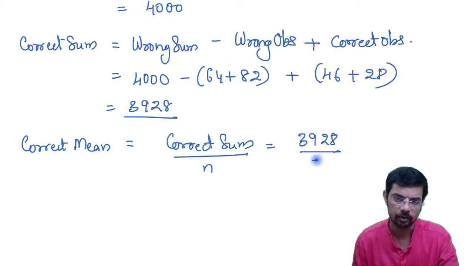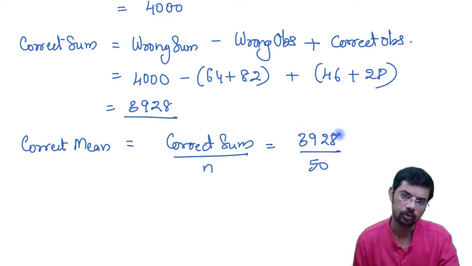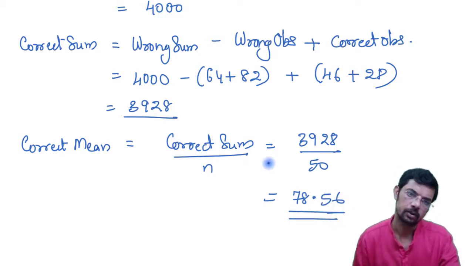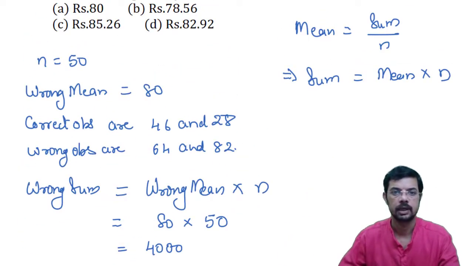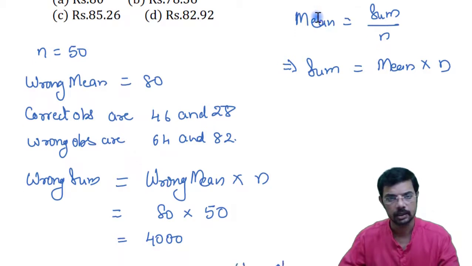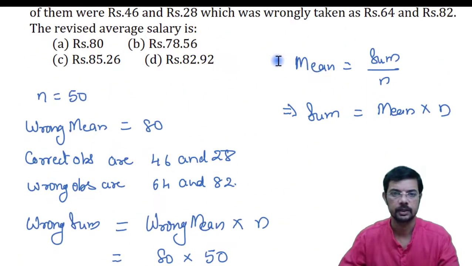What is n? N is equal to 50. So 3928 divided by 50 will give you 78.56. So the correct average salary, or the revised salary, is 78.56 rupees.